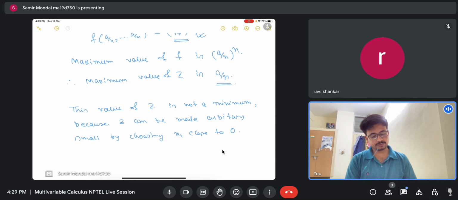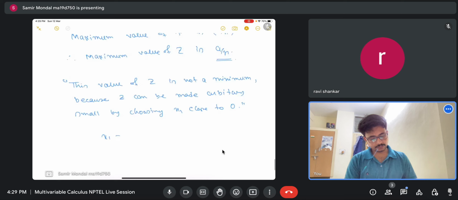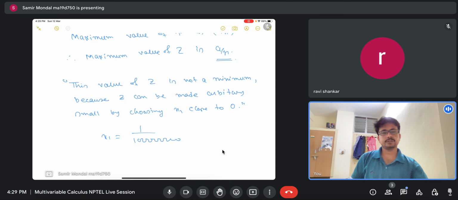Okay, this is enough, because if you put x1 as 1 by 0.0000, like that, definitely the full product has to be very small, is it or not? Yes, you can write like that, because then the full product becomes arbitrarily small.